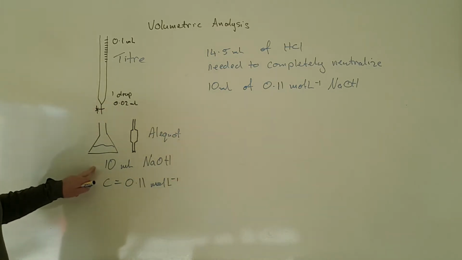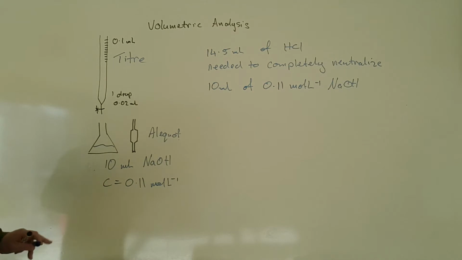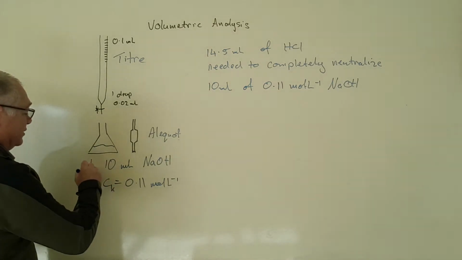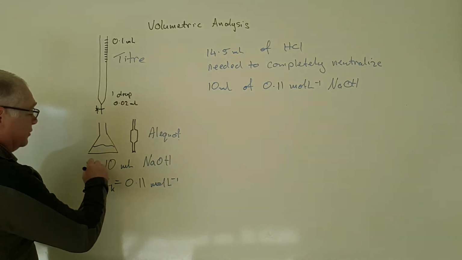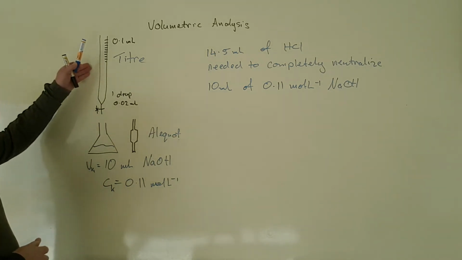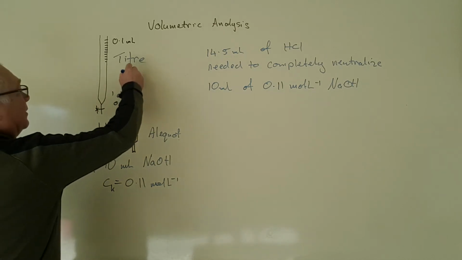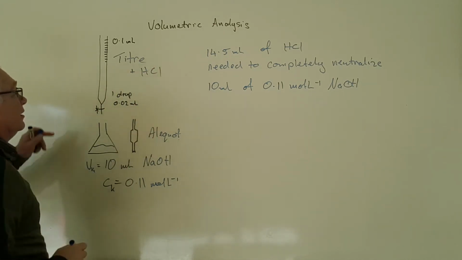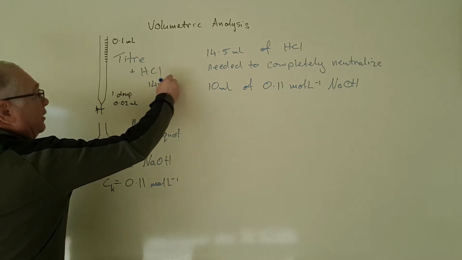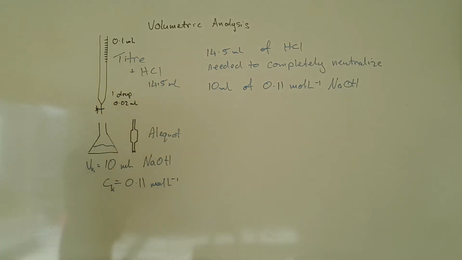This is my known solution because I know the concentration. So here's the concentration of the known. This is the volume of the known, 10 millilitres. So here, what I'm doing is I'm adding HCl, and I add 14.5 millilitres of HCl.